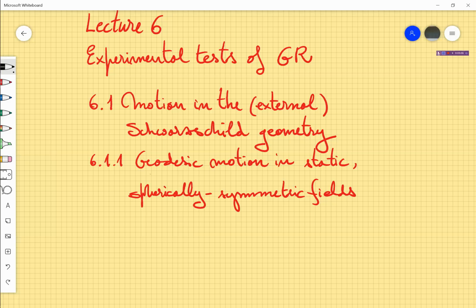So first, we are going to review the post-Newtonian expansion or approximation of general relativity. We did this in a very schematic form in lecture 4, because we just studied the field produced by a particle and how a particle reacts to the gravitational field in this approximation.